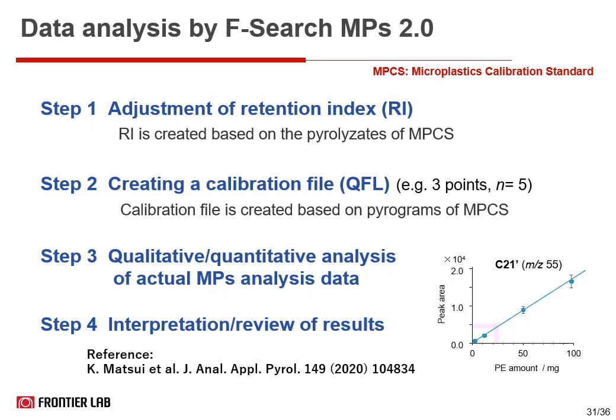To calculate quantitation values for each polymer, F-Search MPs 2.0 can automate qualification and quantification work. F-Search MPs' operational procedure follows these 4 steps. For more details, please refer to this reference.